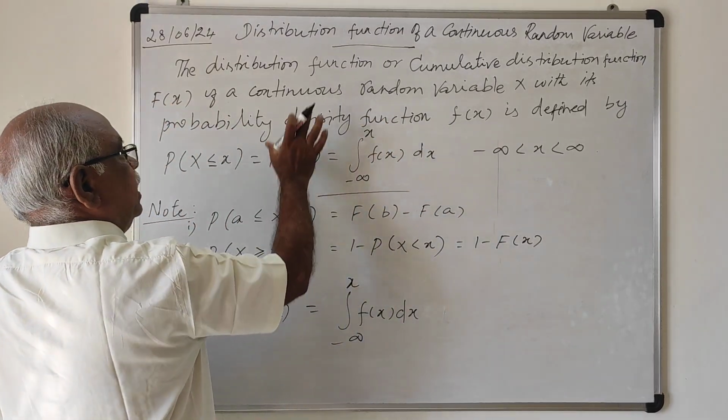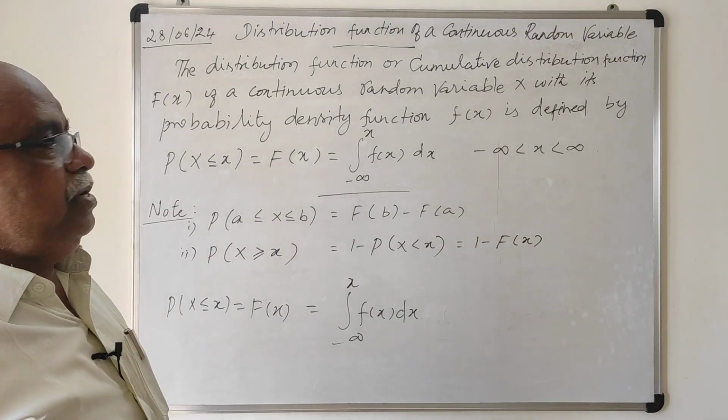This is called the cumulative distribution function.